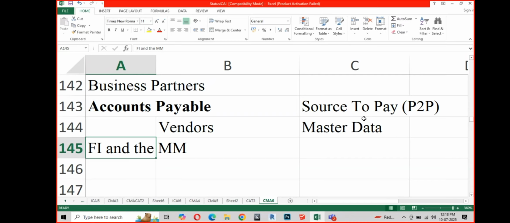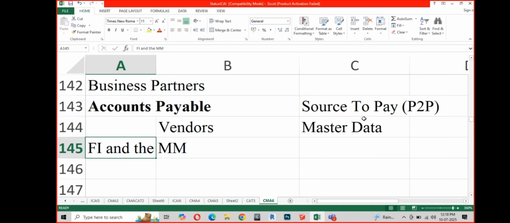Definitely. In one case, the person who's supplying the raw materials, you are treating him very differently in your SAP system also. How? By creating a master data. Whereas when you're talking about small time vendors, where you purchase your stationery or maybe your tea or coffee, you need not necessarily create a master data for them.